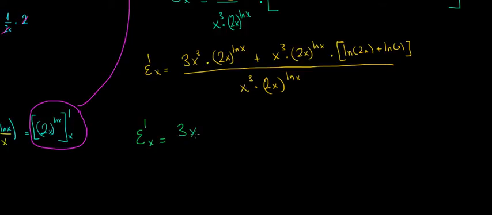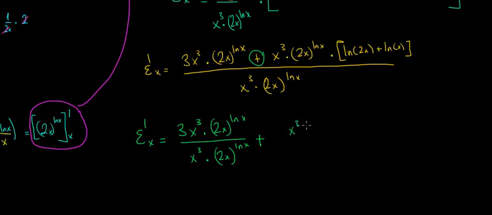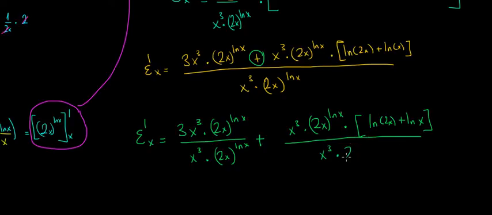So let's write the first term, that's 3x cubed times 2x to the power ln x divided by our denominator, which is x cubed times 2x to the power ln x, plus the second term, which is x cubed times 2x to the power ln x times this multiplication, which is ln of 2x plus ln of x, divided by the same denominator, which is x cubed times 2x to the power ln x. Let's change colors and show what we cancel out.